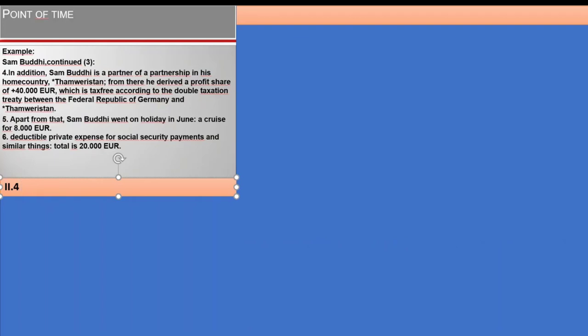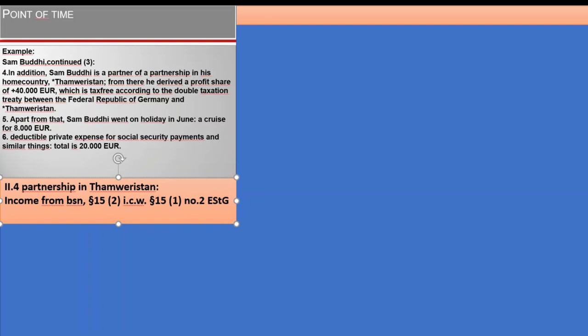2.4. Partnership in somewhere start. That's a profit share. So yeah, he is a partner, so he does not run the enterprise there alone, but together with others. Let's begin again at the beginning.